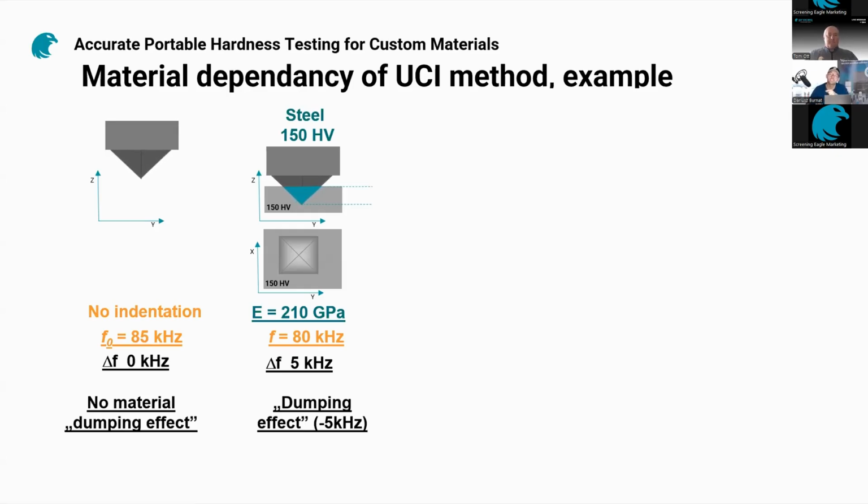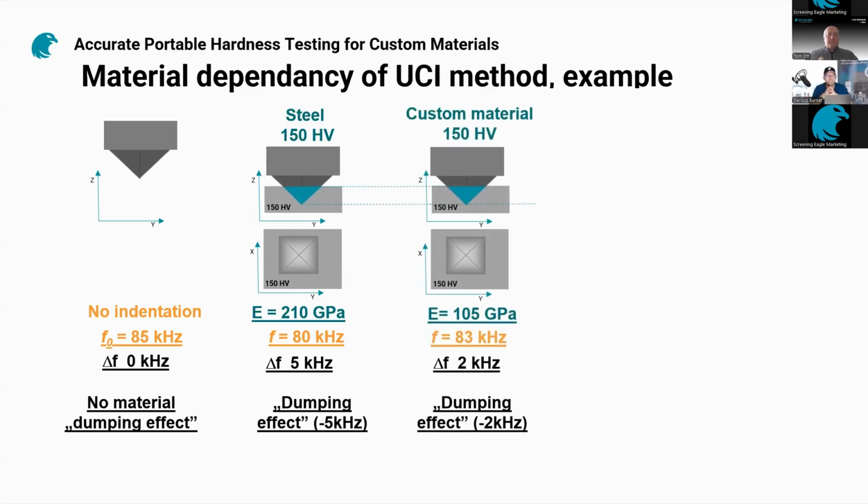Now let us consider another material with a different elastic modulus, but the same hardness. So here you see a custom material of the exact same hardness as the one before, 150 Vickers. The material has an elastic modulus of 105. That means half of where the device was calibrated.